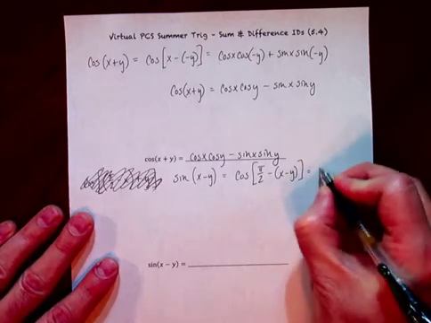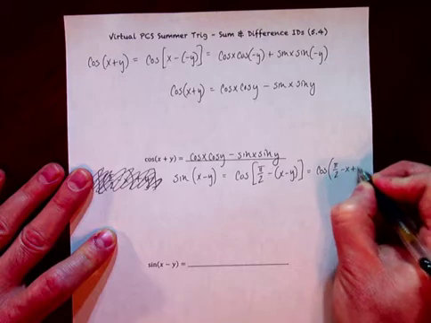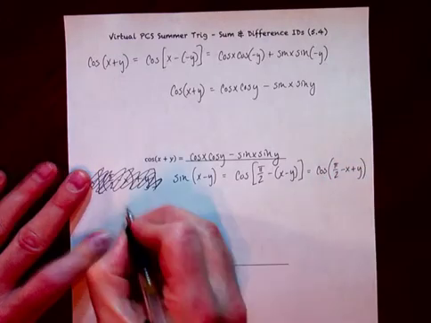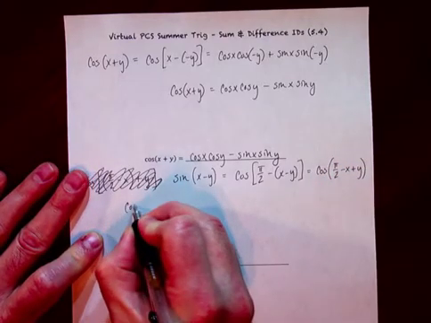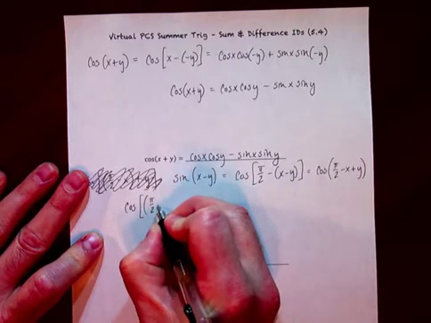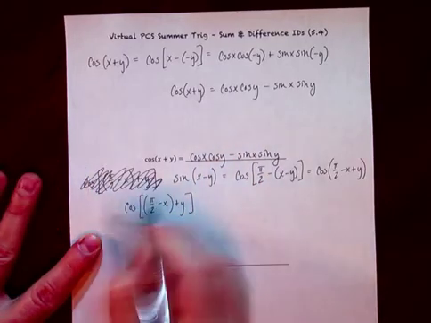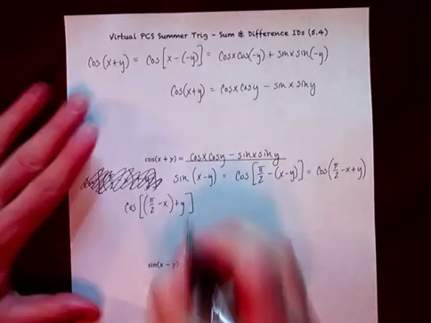And from here, all I really need to do is distribute that negative and then recombine it as pi over 2 minus x plus y. So, I mean, I was right here. I just sort of got ahead of myself, okay?